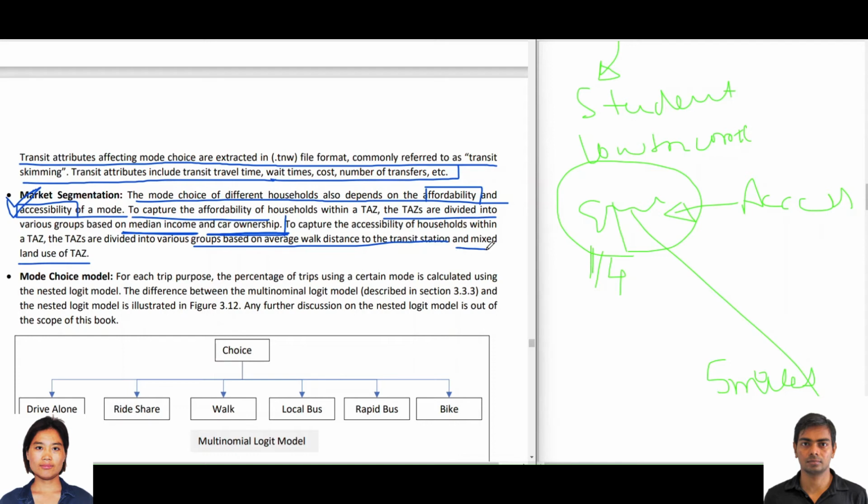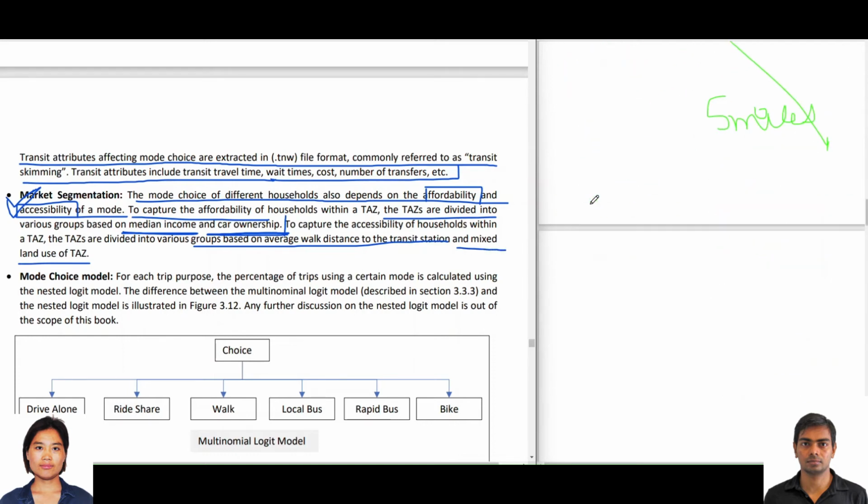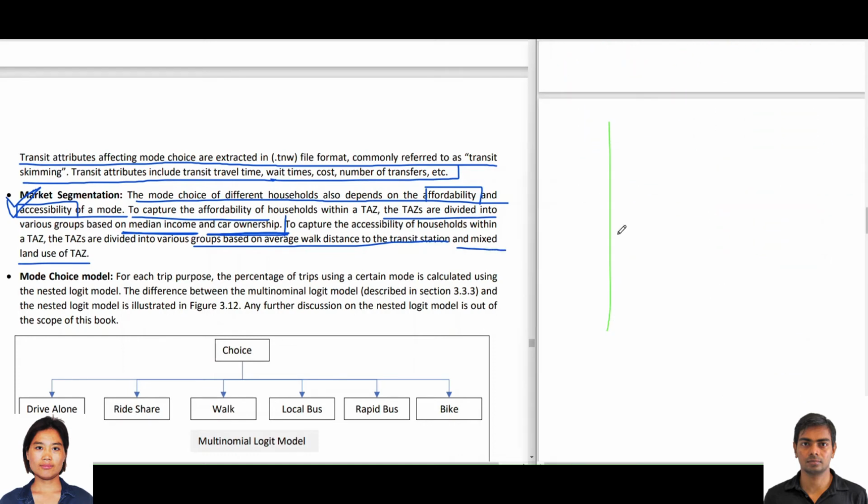This is not intuitive, so let me explain. Let's say there is a transit station here. Now a person who usually goes to the transit station, let's say a person lives here in their household, usually goes to the transit station if there is mixed land use development around the transit station.